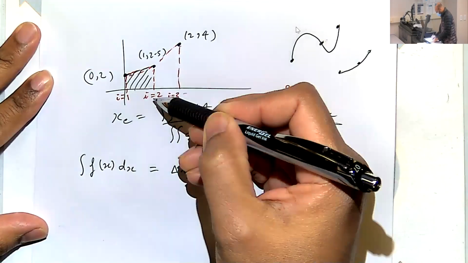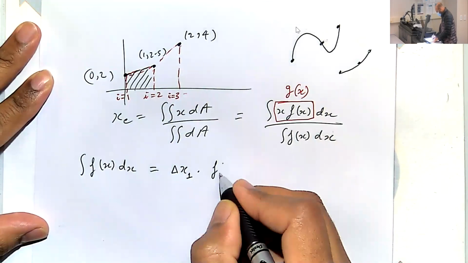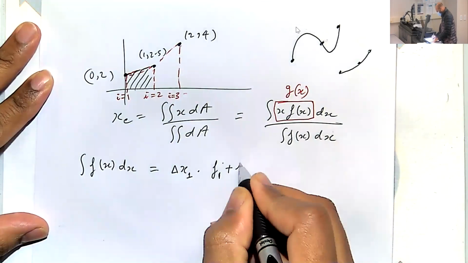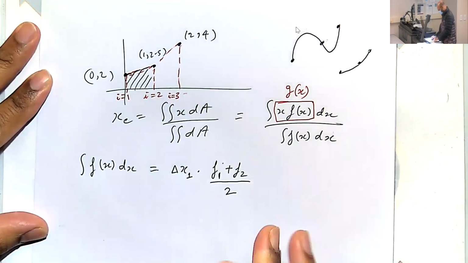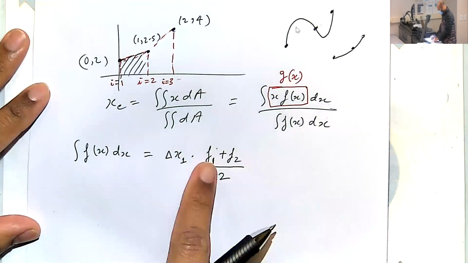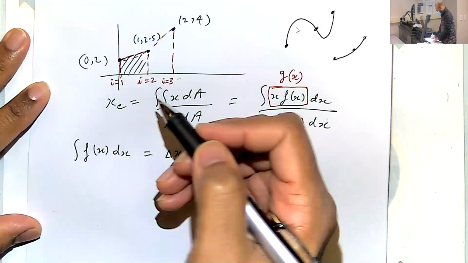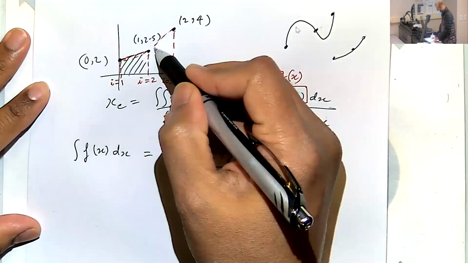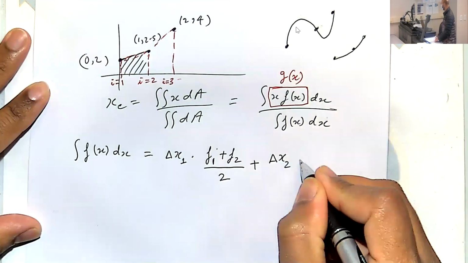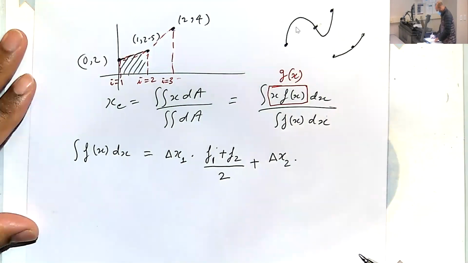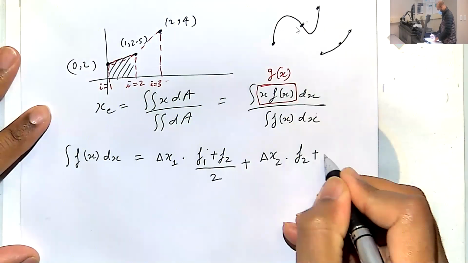So f1 plus f2 over 2. f1 is just this height, f2 is this height. And then the second box similarly is plus delta x2 times what? f2 plus f3 averaged.